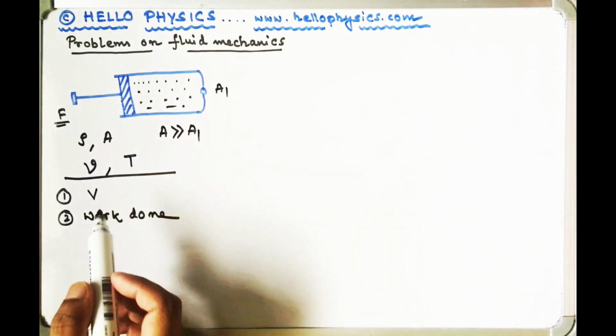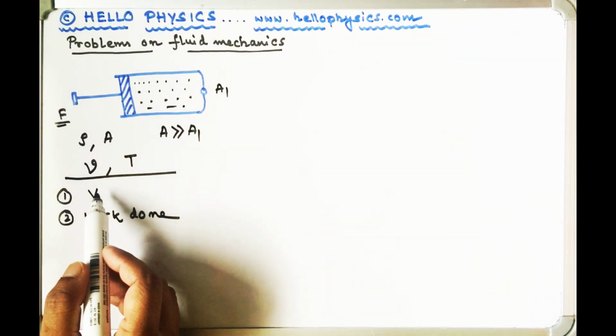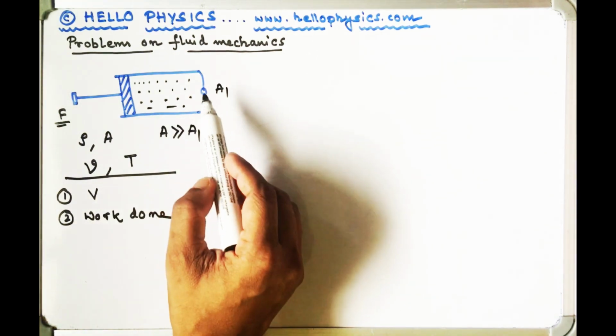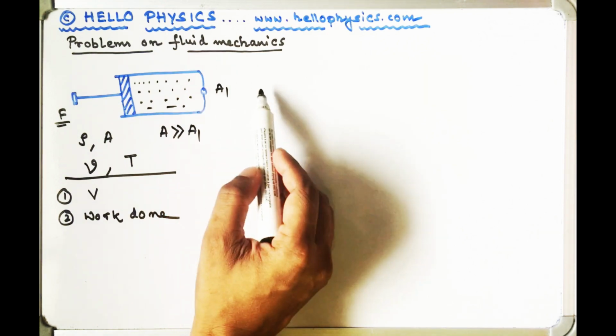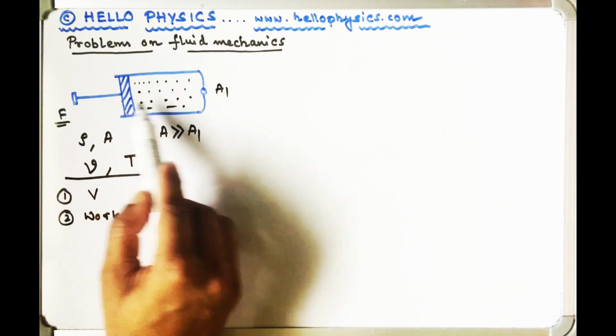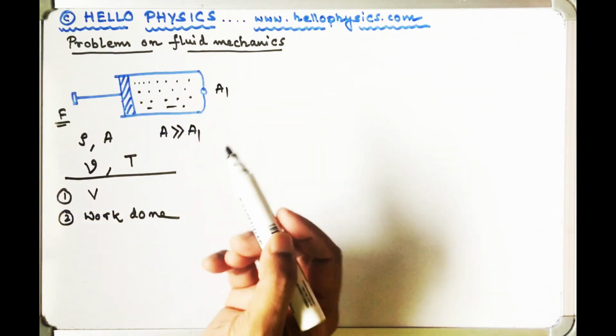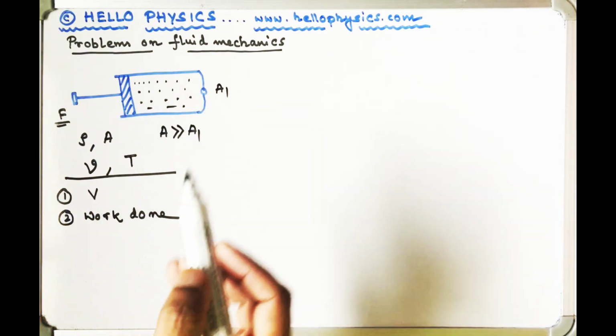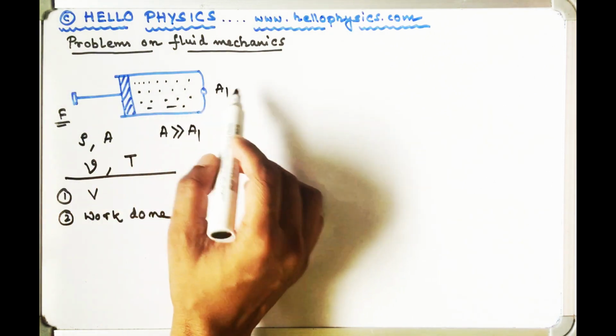Under the given information, you have to find out the velocity with which the fluid would be coming out, and whether it varies as the piston moves towards the right. You also have to find out the total work done in pushing the fluid completely out of the piston.